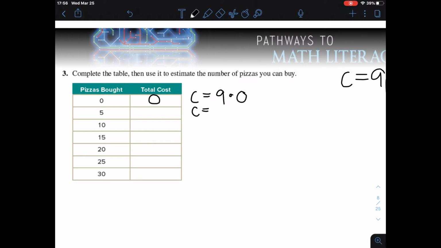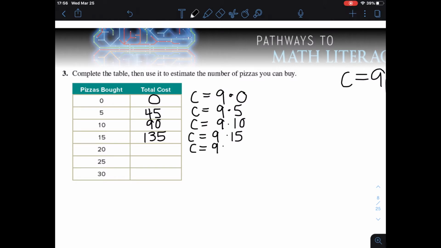For 5 pizzas, it's $9 a pizza, so it's $45 for 5. For 10, $9 for each pizza, so it's $90. The cost for 15 is 9 times 15, so it's $135.